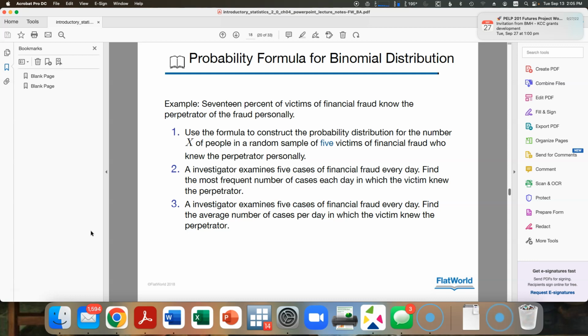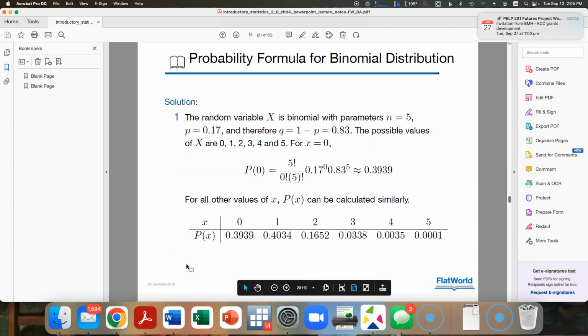So let's look at this. Okay. So n is 5, because they're looking at 5 a day. And we already know from the larger sample that the probability is 17% that the victim of the fraud would know the causer of the fraud personally.